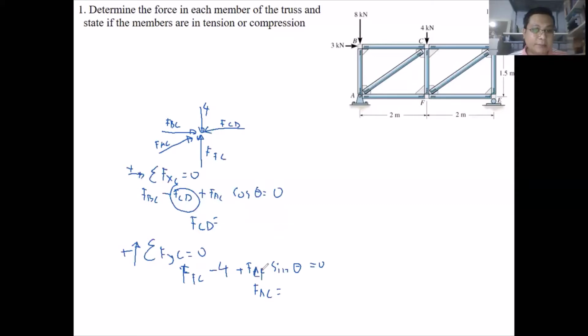Sorry, this one is FCF. Now you can find the force acting in the truss.